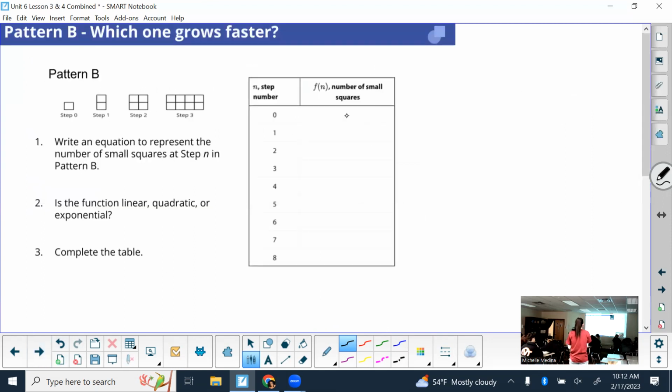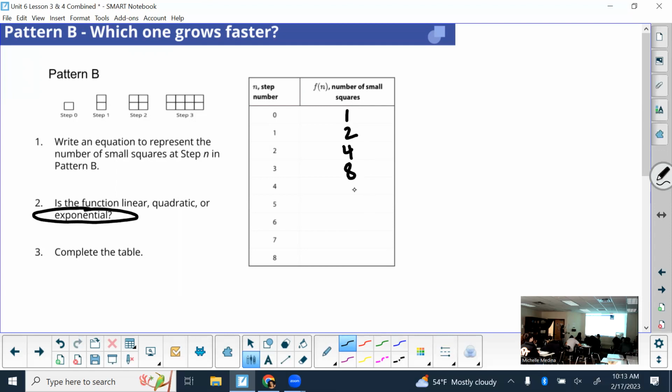All right, now pattern B. How many squares in step 0? 1. In step 1? Step 2? Step 3? Just based off of that, can you tell if it's linear, quadratic, or exponential? All right, and how do you know it's exponential? It's multiplying each time.